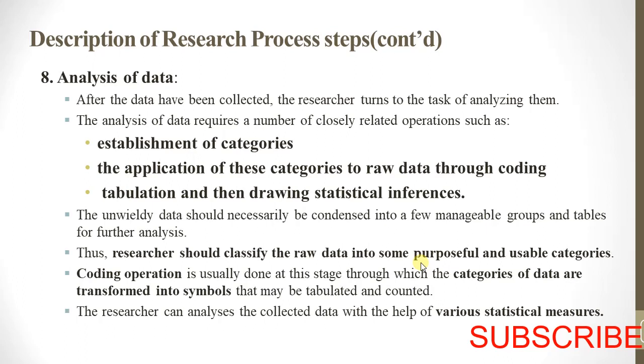The coding operation is usually done at this stage, through which the categories of data are transformed into symbols that may be tabulated and counted. The researcher can analyze the collected data with the help of various statistical measures.